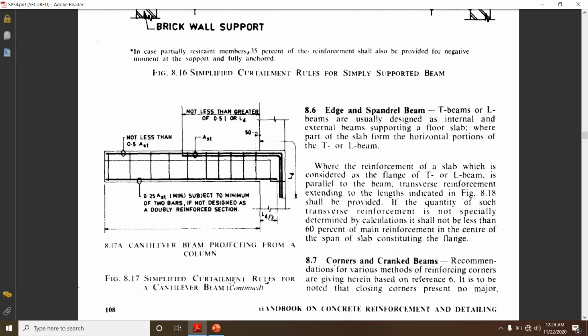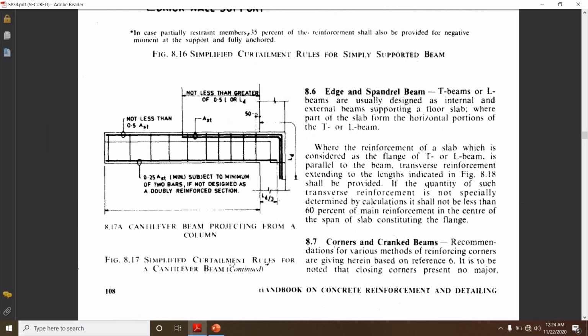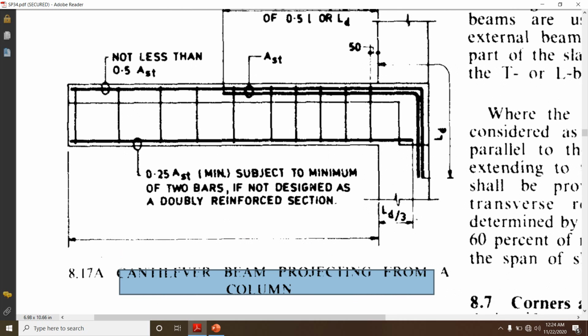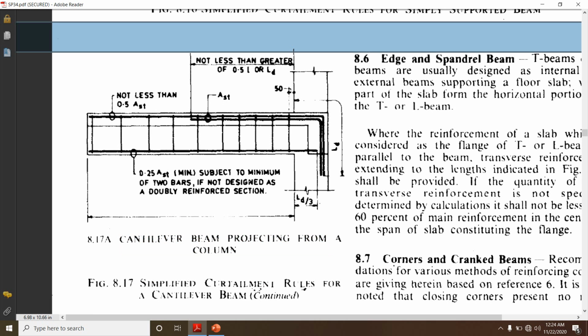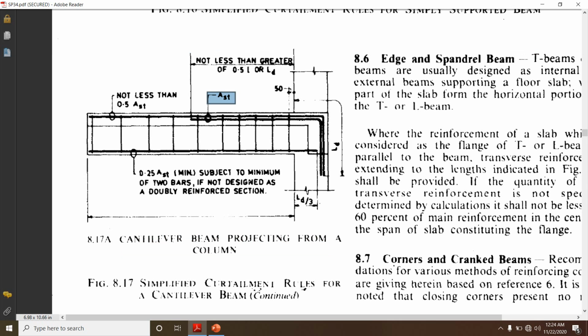Then next we'll see the detailing of a cantilever beam which is projecting from a column. You can see this is the column. From the column, if the cantilever beam is being projected, how does the detailing have to be done? At the top, we are going to have the main reinforcement, that is Ast.